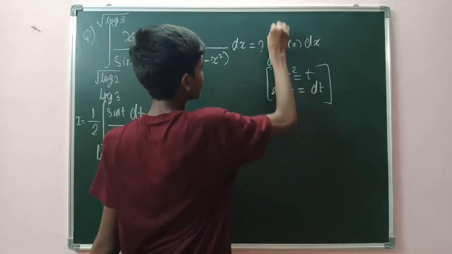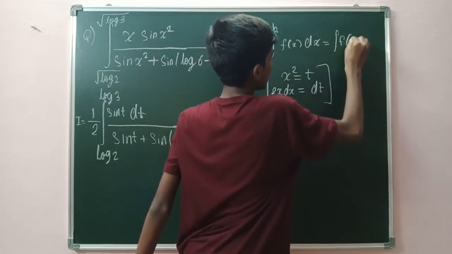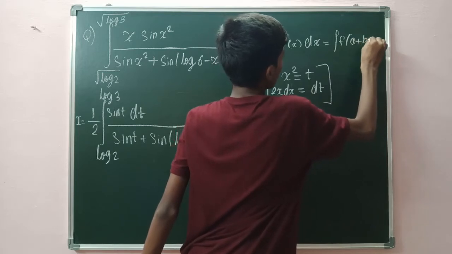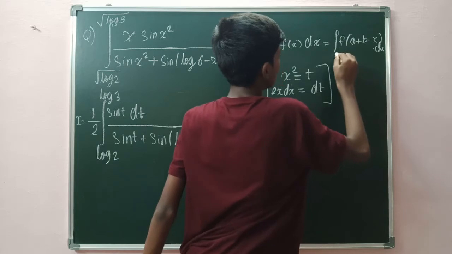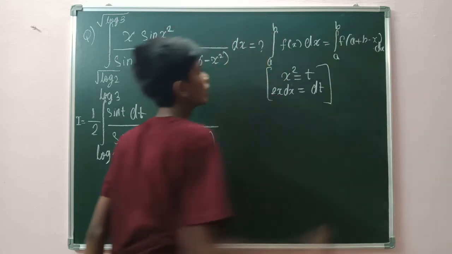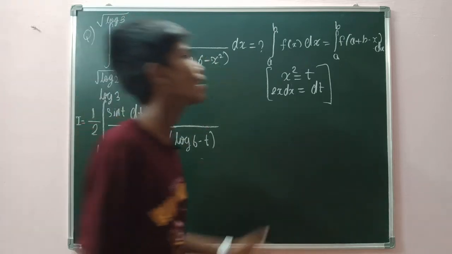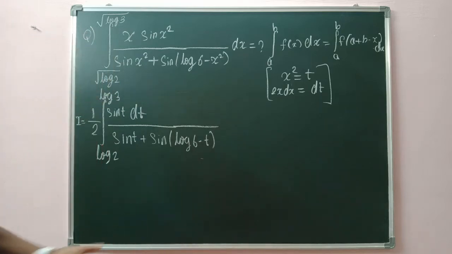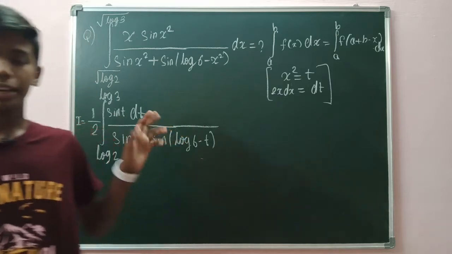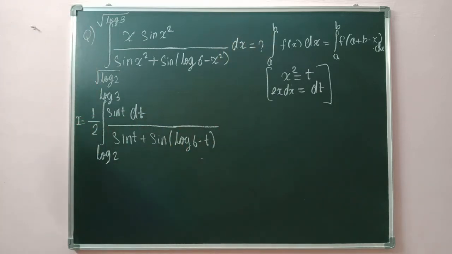Integral of f of x dx from a to b can be written as integral of f of a plus b minus x dx from a to b. The limits won't change. The limits will be the same. For substitution only, your limits will change. In King's rule, your limits won't change. It's a famous property and you are supposed to know.